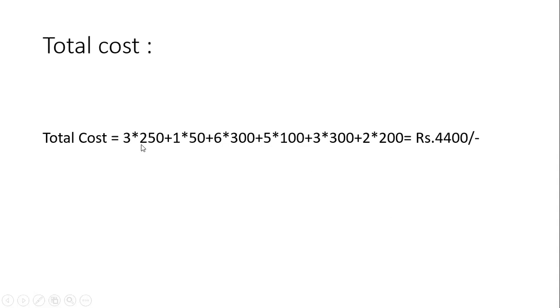So add all the values by multiplying the unit cost of transporting the item with the allotted supply and demand value, so that you will get the total cost of transportation, rupees 4,400. This is the minimum cost of transporting the item from all sources to the various destination points.